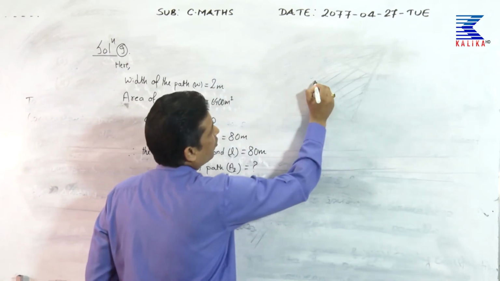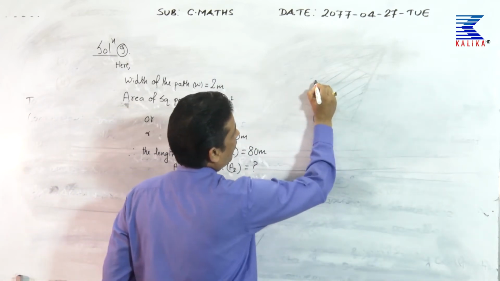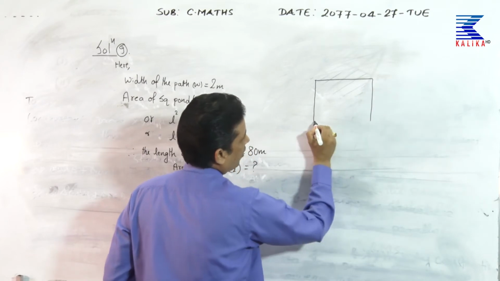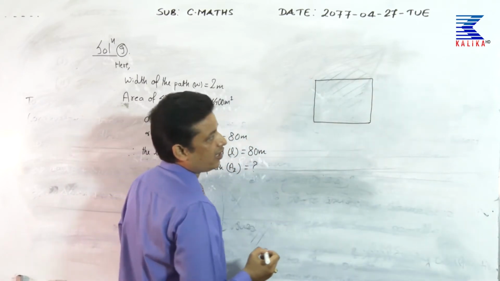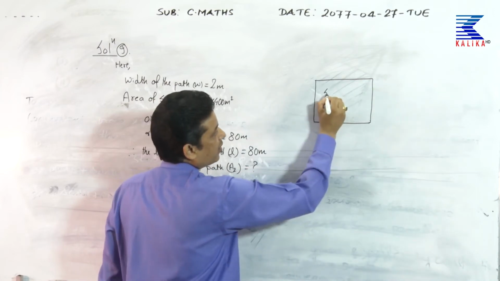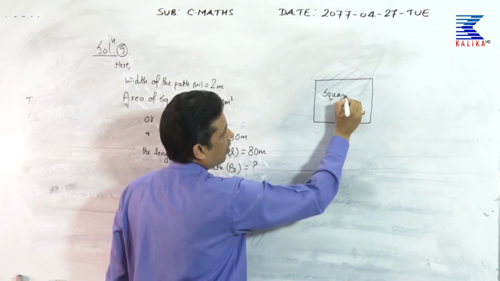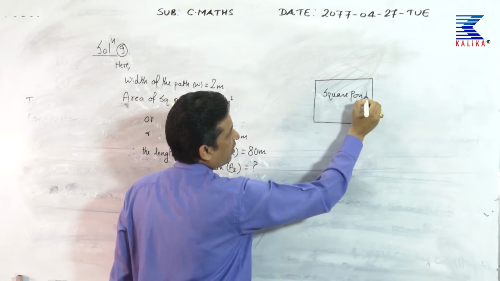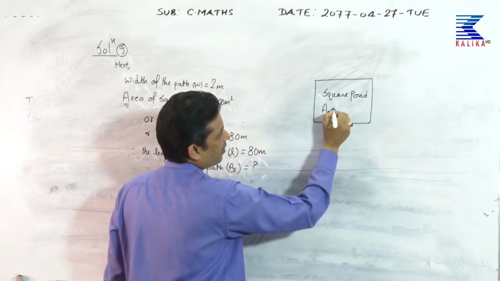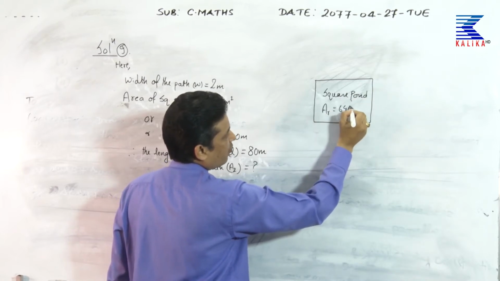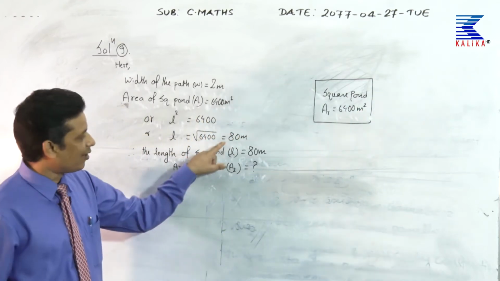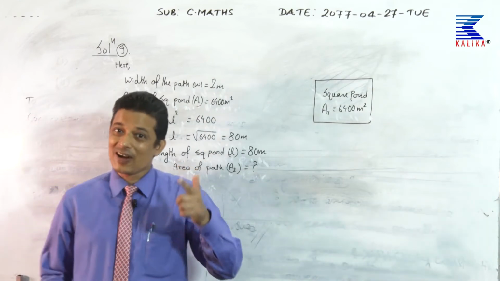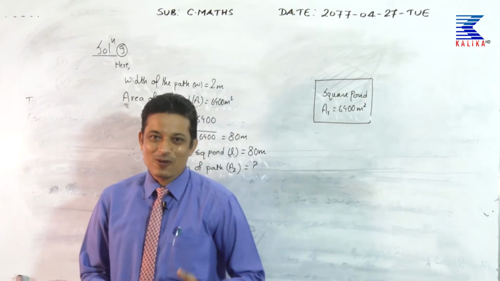Let me make you clear by making a figure. What is this? This is a square pond. Its area is given as 6400 square meter, and by our calculation and with the help of our slogan for mensuration, what is given?